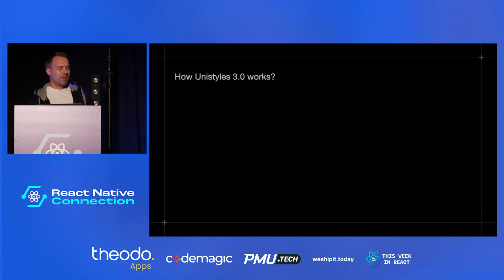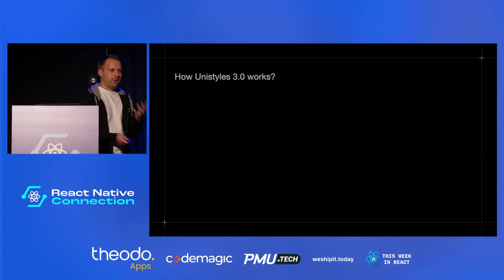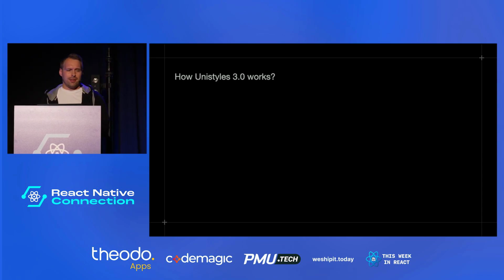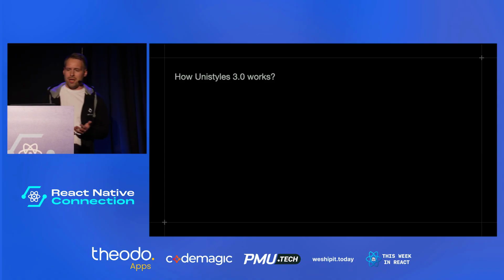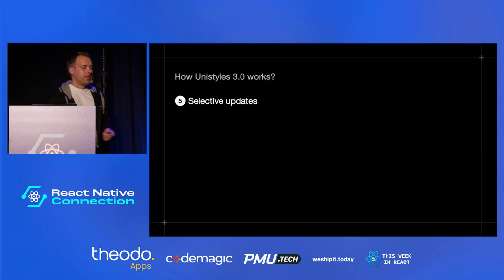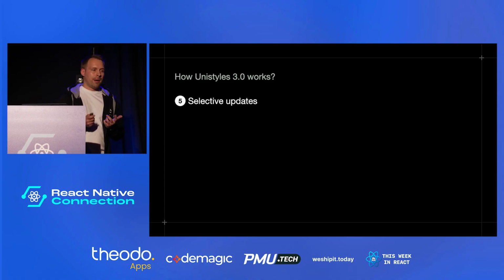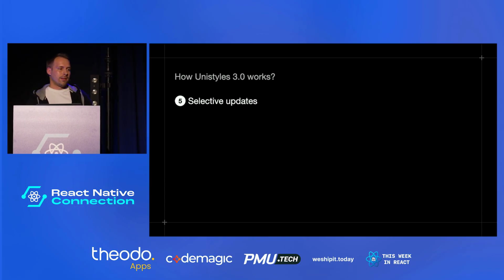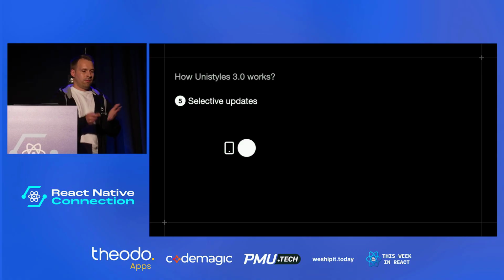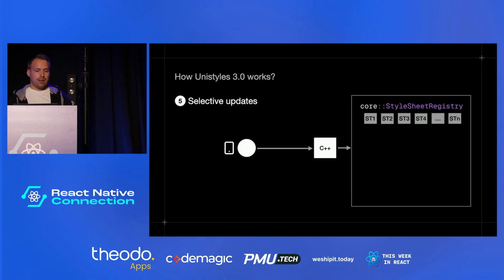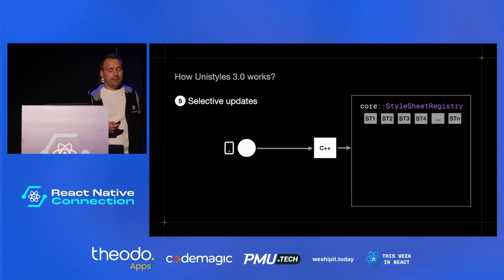Now the final part. Why would I save your style sheets and bind them and create different representation of styles? Because it's required for selective updates. That's the best selling feature of Unistyles 3.0. So we have a phone that can emit some kind of C++ event.